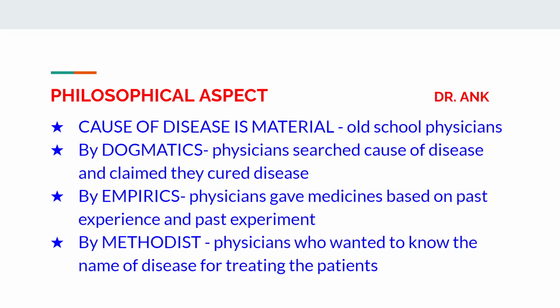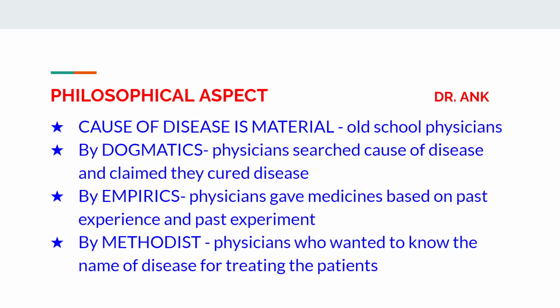And they had thought that this is because of an excess of faulty blood during the fever. So they started draining blood by venesections or applying leeches. So they considered the cause of disease material.